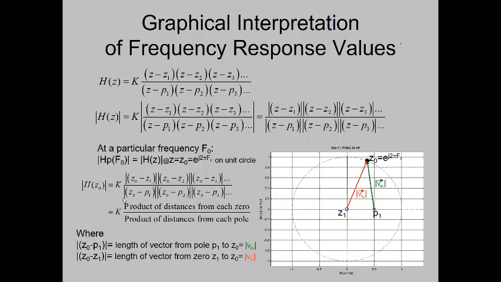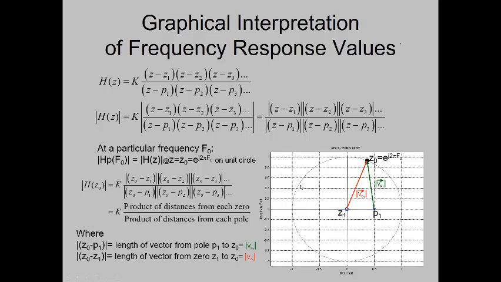For our purposes today, though, there's something to recognize, and that is that each of these individual magnitude terms in the numerator and denominator represent vector distances on the pole-zero diagram. Specifically, this magnitude of z0 minus z1, that's the vector distance between z1 and z0, where z0 is the point on the unit circle we want to operate, and z1 is the location of the first zero of the system.